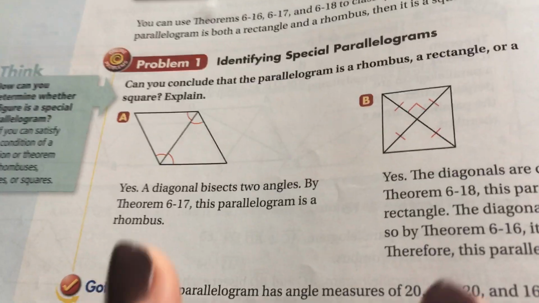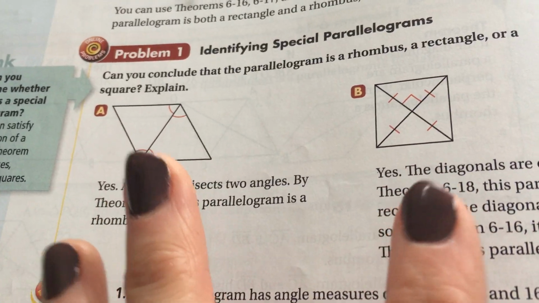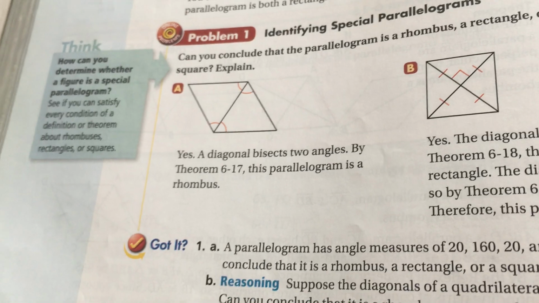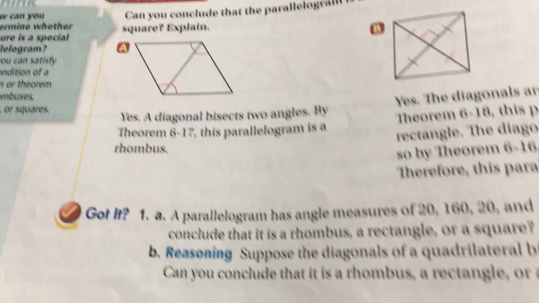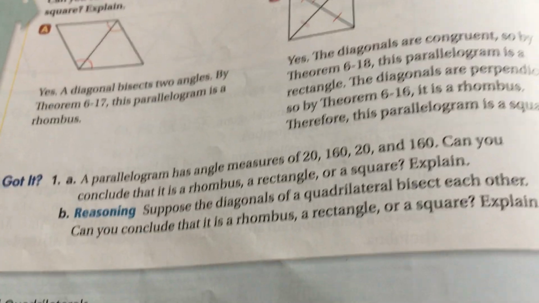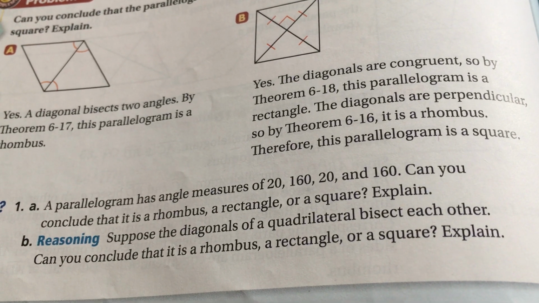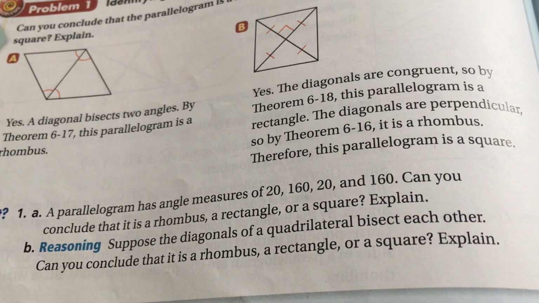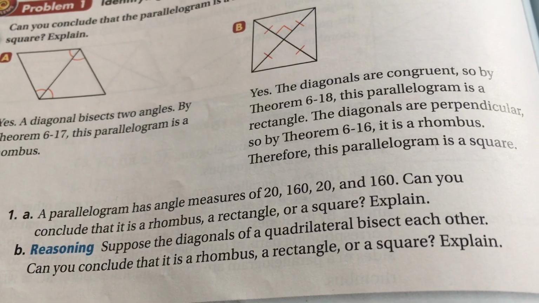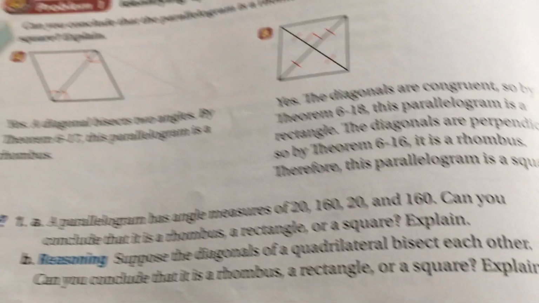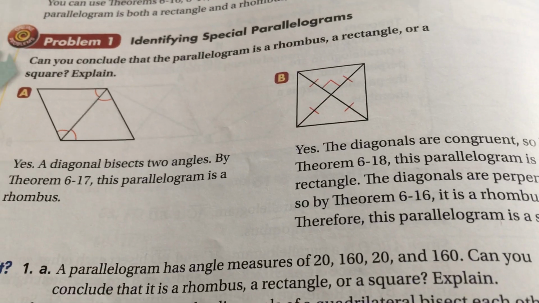Okay, so let's just look at problem 1. I'm not going to do A and B because those are in the book and you can read those. But I do want to look at the Got It, number 1. A parallelogram has angle measures of 20, 160, 20, and 160. Can you conclude that it is a rhombus, a rectangle, or a square? So let me draw a parallelogram quickly.